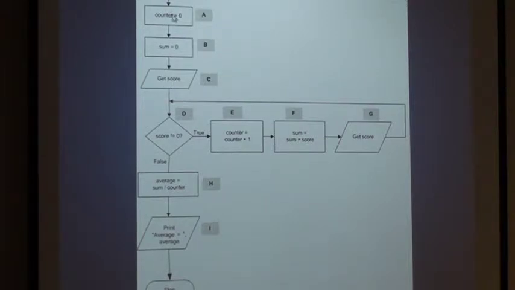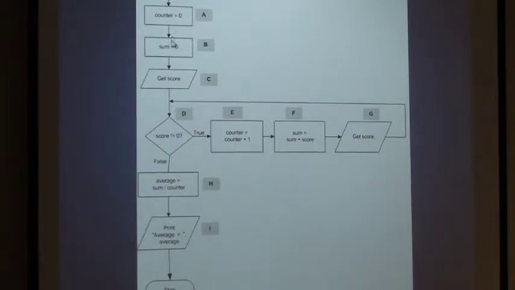Before we get the score, before the loop, do you think we should initialize these two? Total sum is 0. That is the sum of all the grades. Otherwise, sum equals sum plus score wouldn't make sense. And counter equals 0, because calculating the average needs a counter, how many grades there are.